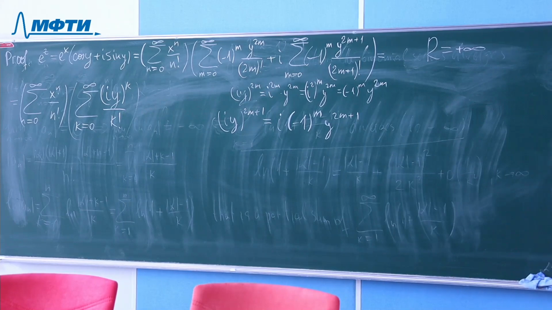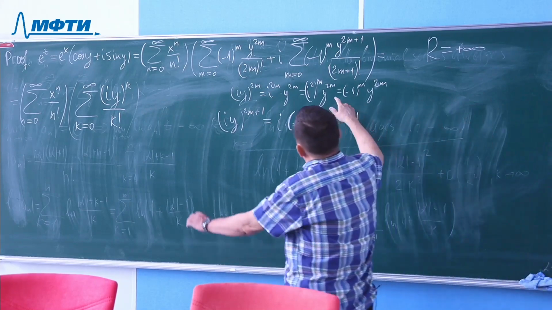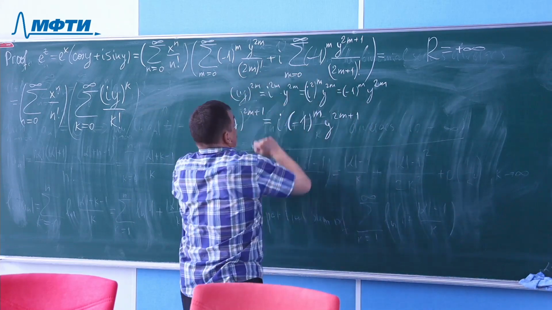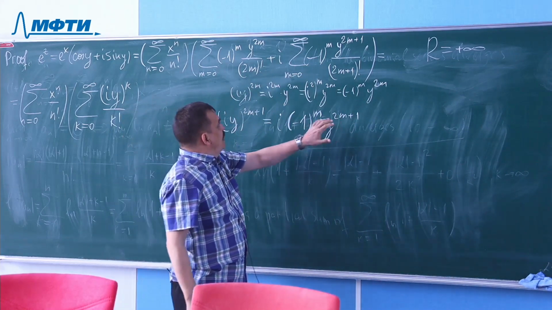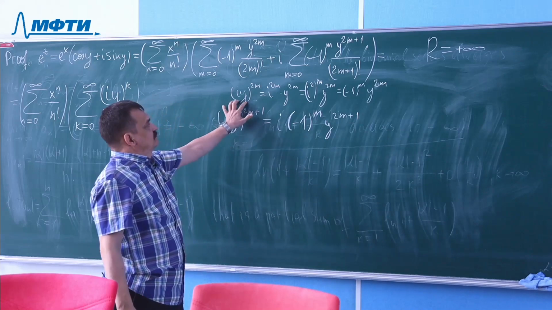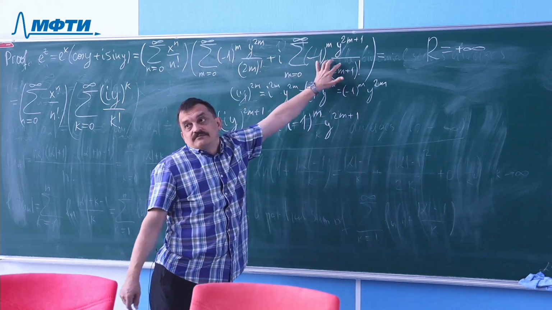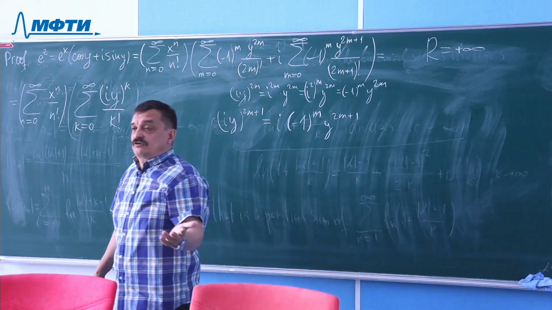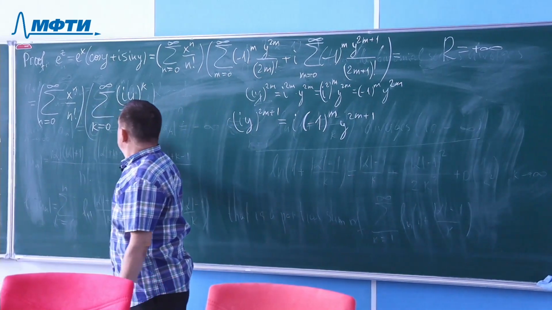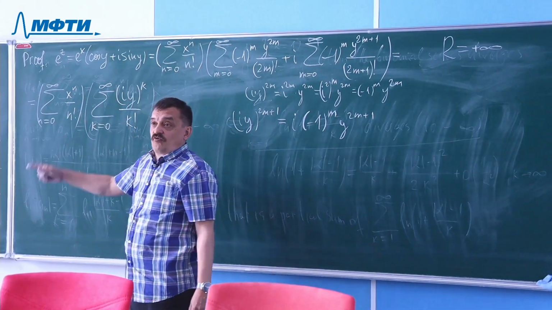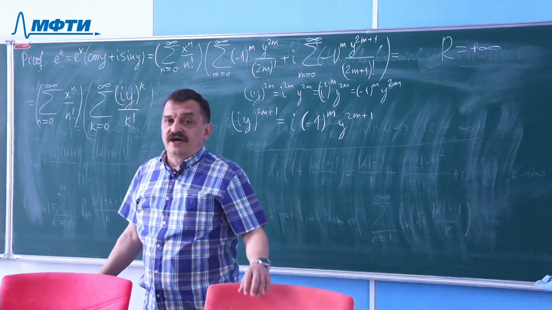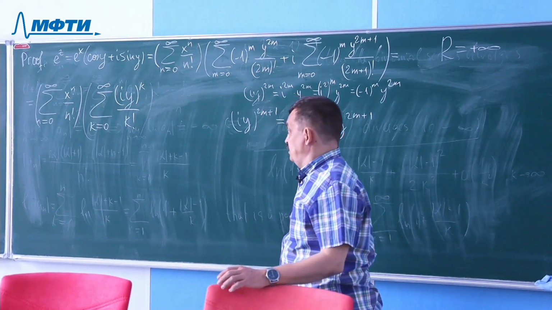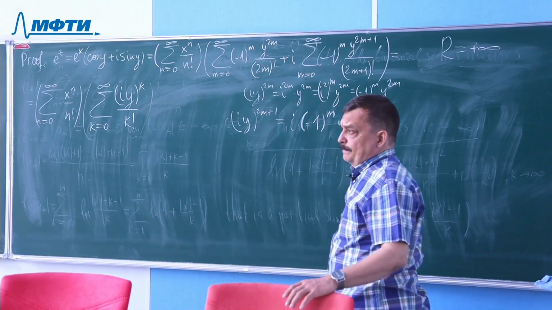Right? And it means that both series have precisely the same numerators, and denominators 2m factorial, 2m plus 1 factorial, so it means we have the summation over all natural values of k and also 0.